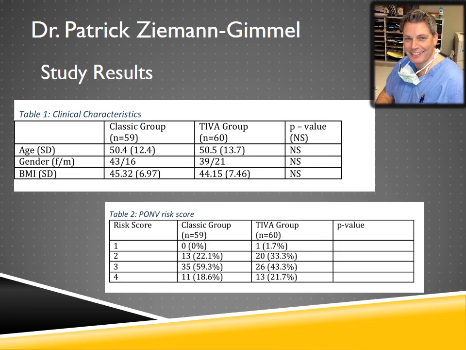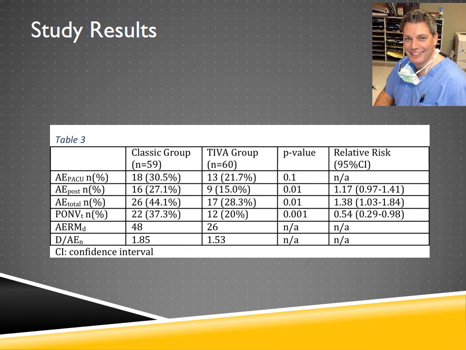They did a study to compare the classic group from their protocol. They compared these two groups. And these are the numbers, but I know they'll be upset that I passed those up. But this is what they found. When they used the narcotic-free TIVA, so that's no narcotic, no gas, there was a 46% reduction in PONV.